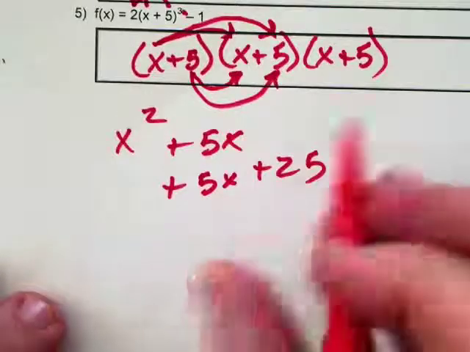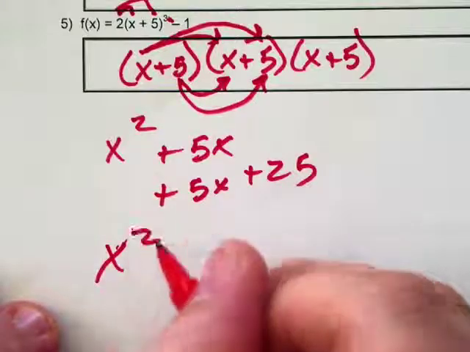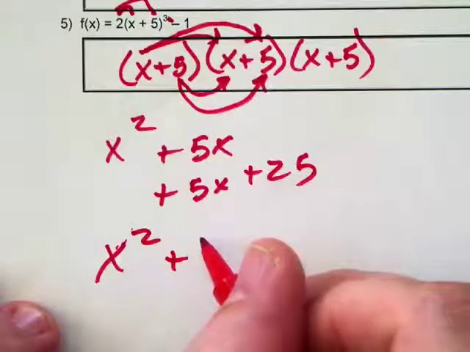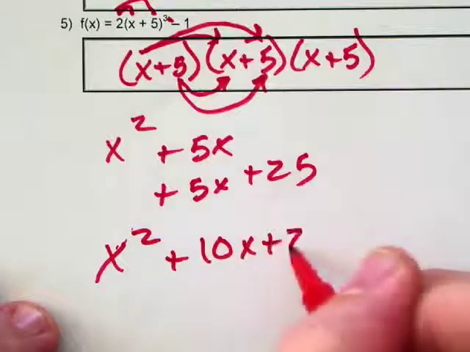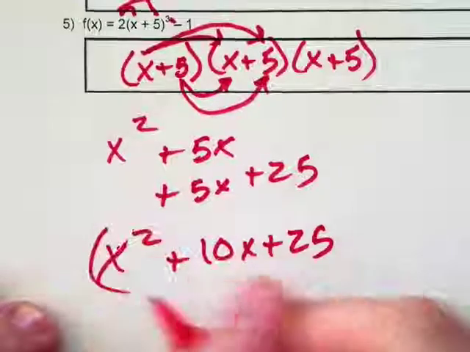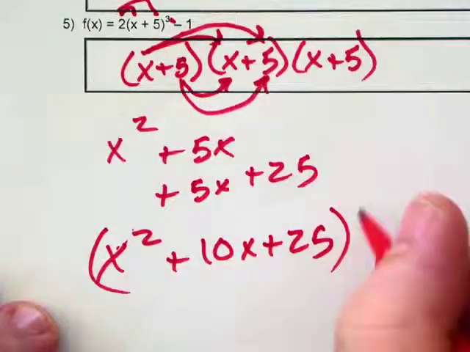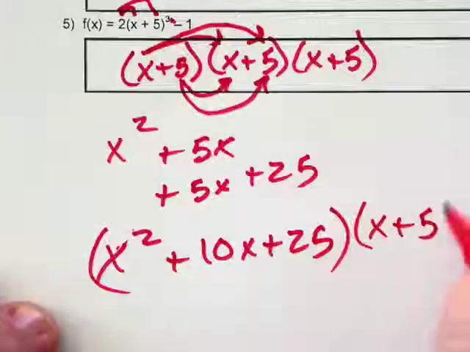So that leaves us with x squared plus 10x plus 25. And all of that is going to be times x plus 5 again.